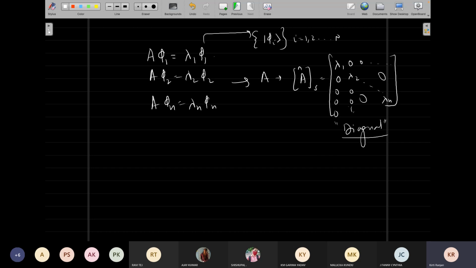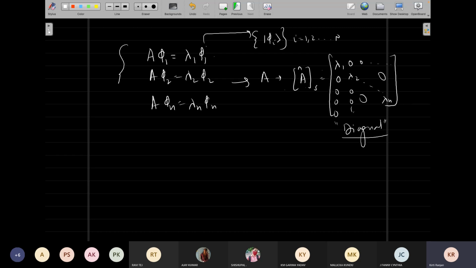This is the starting point of the lecture which I started with, that in case you can find out that the eigenfunctions form the basis, then in that basis your operator will be represented by a diagonal matrix. Not only that, the elements of the diagonal matrix are nothing but the eigenvalues, right?